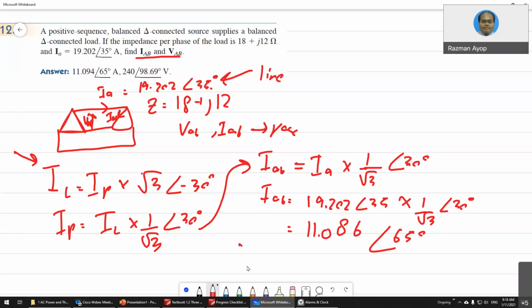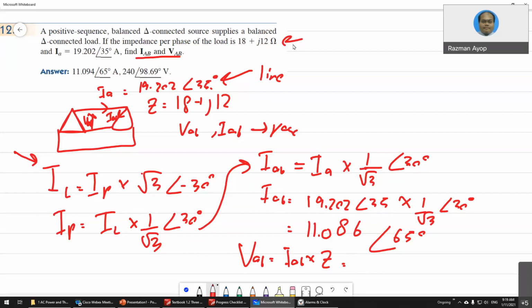Then how to get VAB? Of course, you just use Ohm's law. IAB multiplied by Z. So IAB, you just copy back, multiplied by 18 plus j12. So 11.086 angle 65. Make sure you practice using the calculator because this is a complex number.